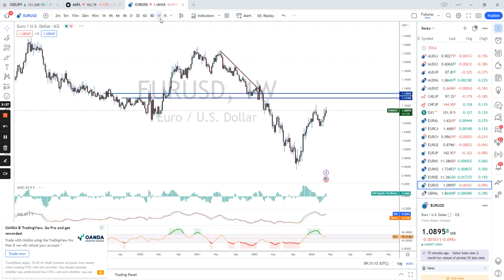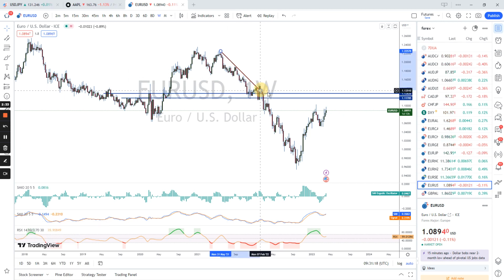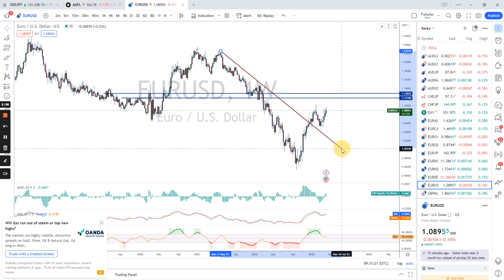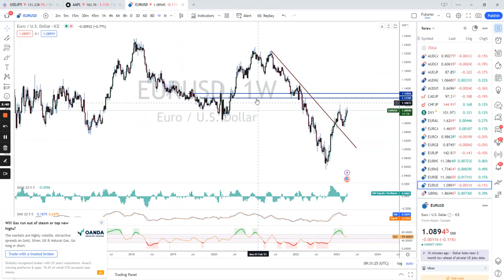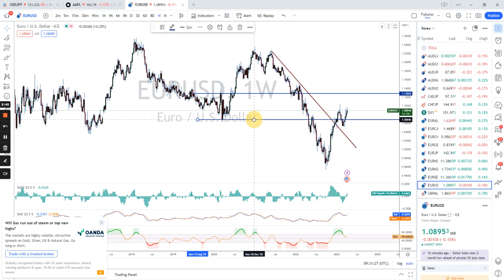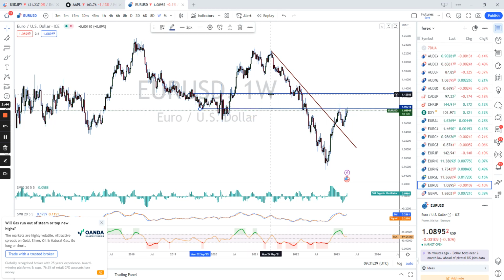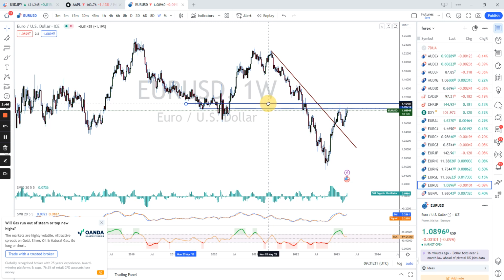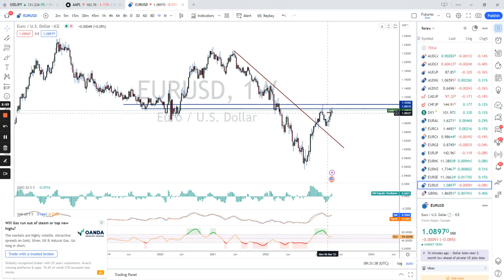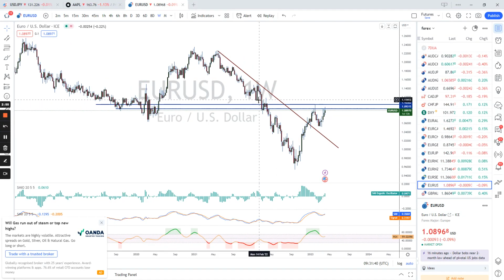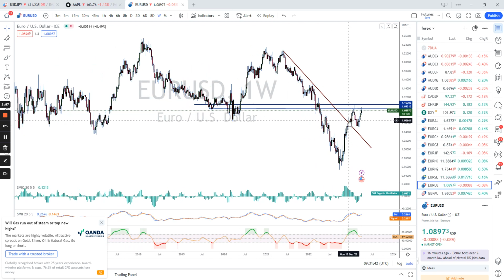I will show you the weekly chart just so you can see the big picture of the EUR/USD. So for the EUR/USD, this is that strike zone here, where we have the strong wicks to the upside, rejection for the first time, and then this week again we have a rejection.